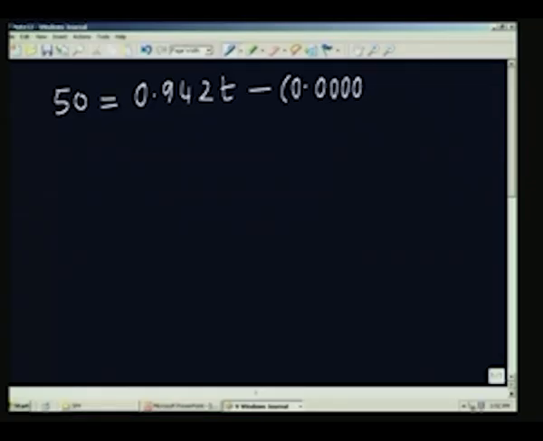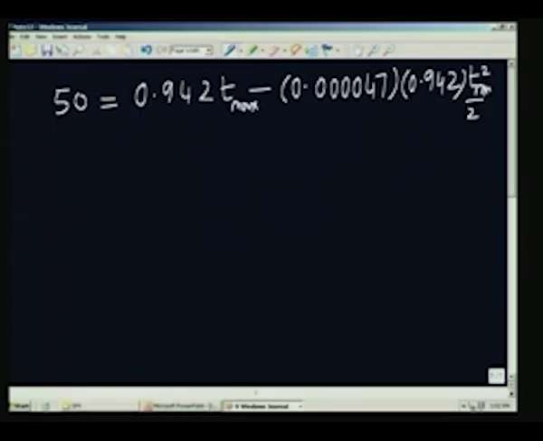So, the equation is T max minus T naught is 50, that must be equal to 0.942 into T minus 0.000047 into 0.942 multiplied by T squared by 2, where T is T max.